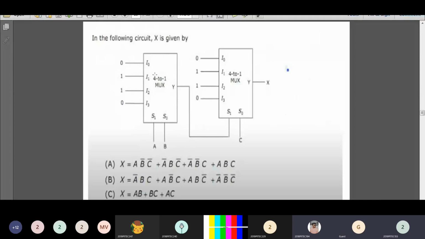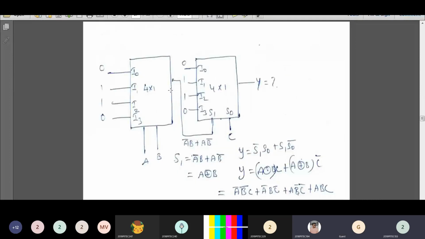First, you have to write the expression for I1 and I2. That is A bar B plus A B bar.